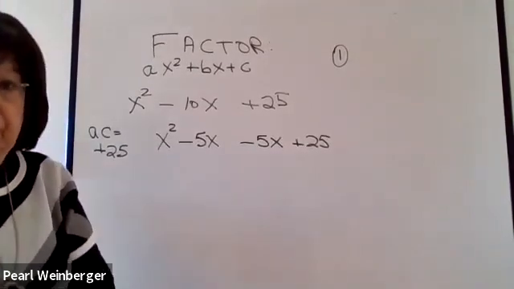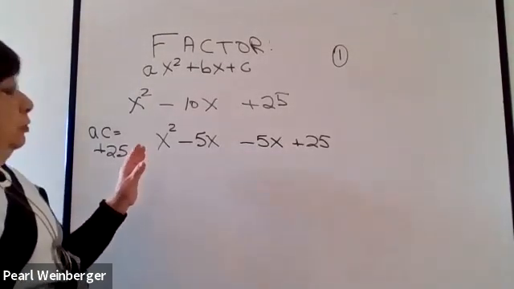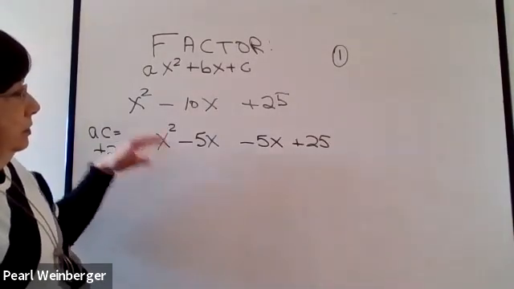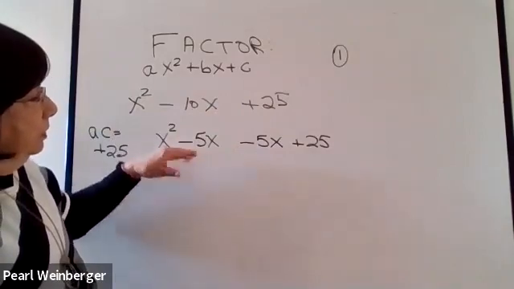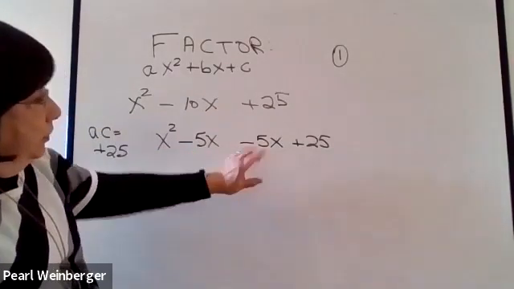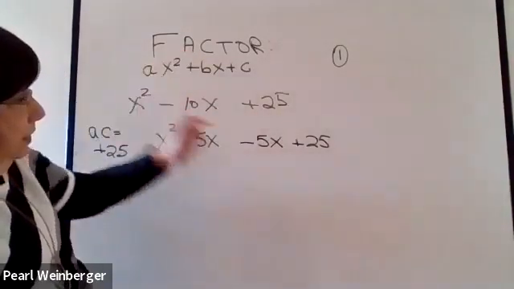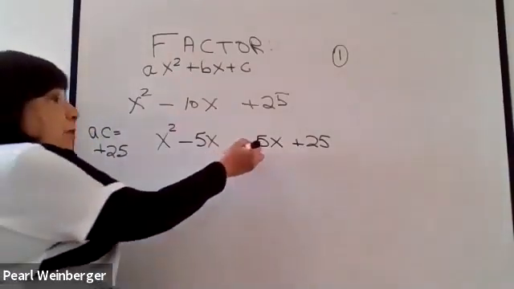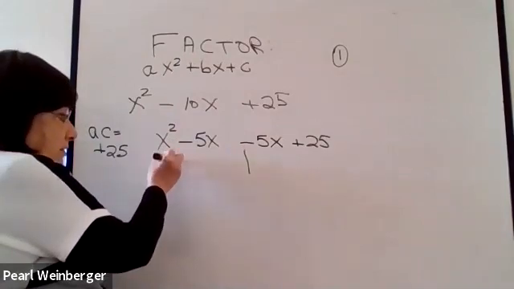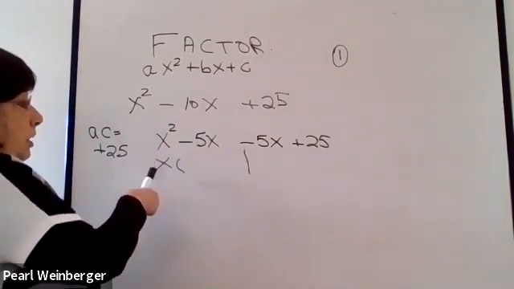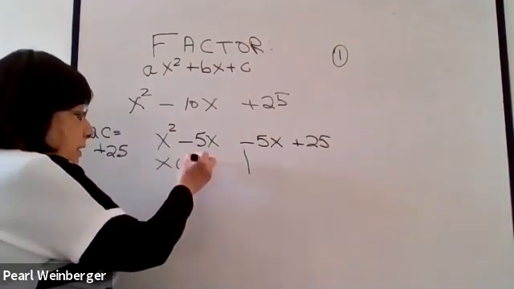Not too often. Okay. So now we've broken this x squared minus 10x plus 25 into x squared minus 5x and minus 5x plus 25. And now we can do our grouping. In my first group, I have an x as a common factor. X into x squared gives me x.